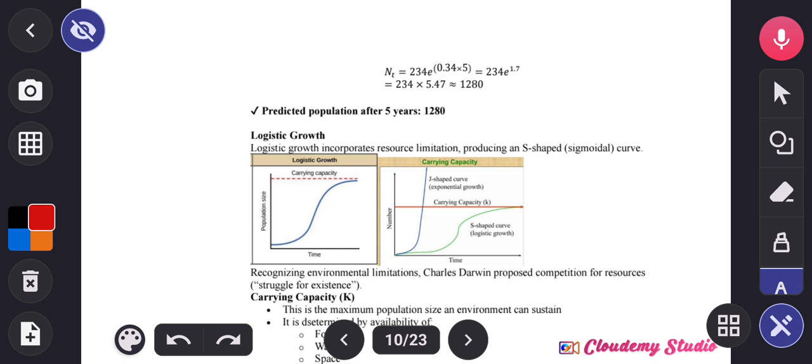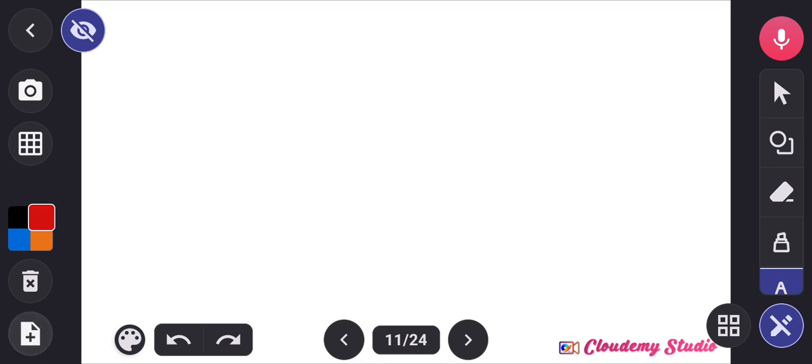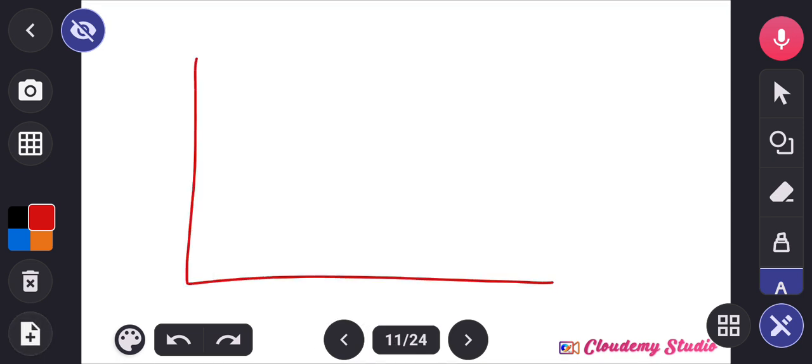You understand? Now, in the real world, when a population continues growing, it will reach a particular point where it will stop growing and start moving like this, because the resources are limited. You understand? The environment cannot take more than that population.